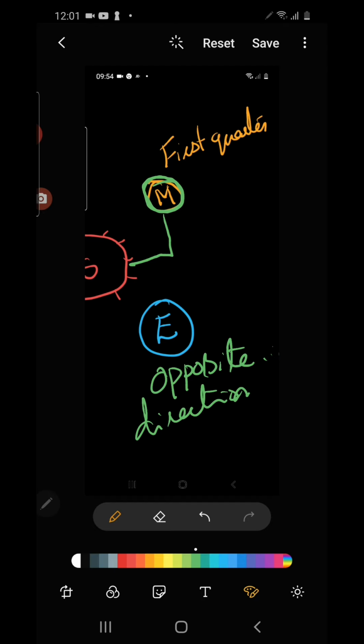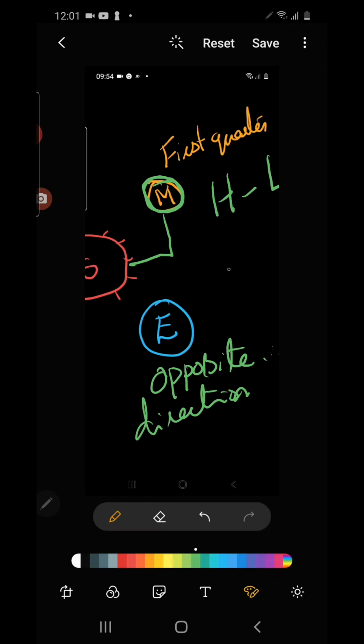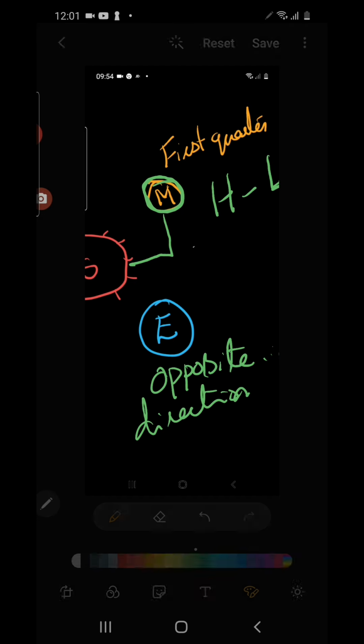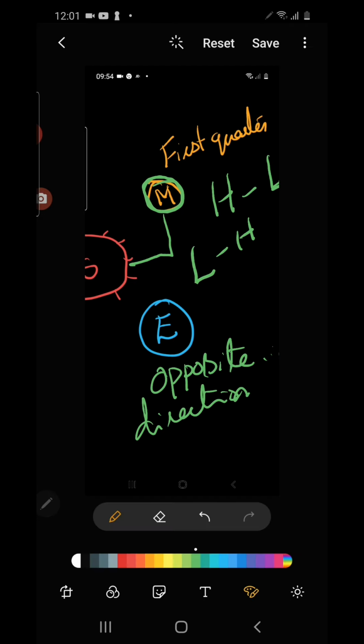For that reason, high tide will be lower than the normal high tide, and low tide will be higher than the normal low tide.